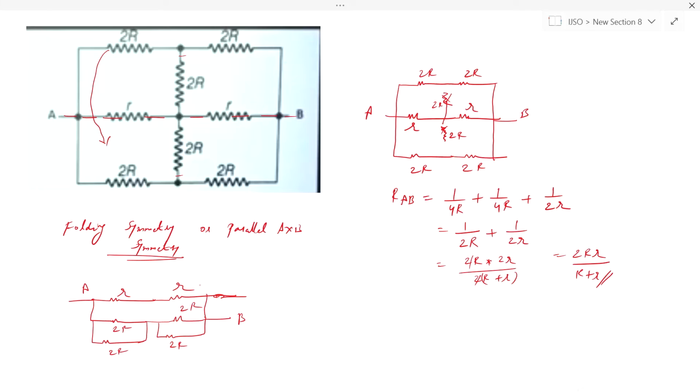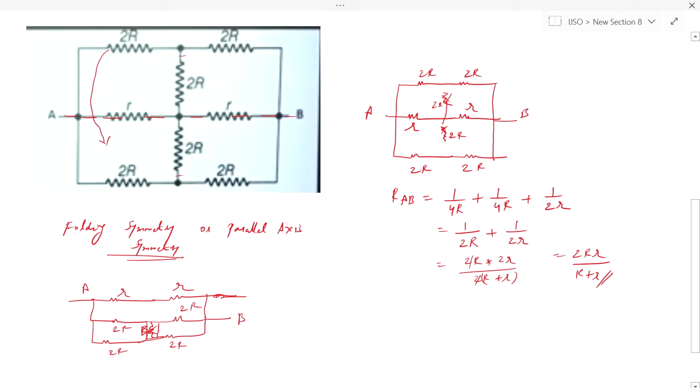So now you might be wondering, sir, what happened to this? Shouldn't that also be folded? Okay. So now 2R and 2R, let's assume that it also comes parallel on top of it, and between them there is an R. Clear? But now this is the case of P by Q equal to R by S. This is a balanced Wheatstone bridge.